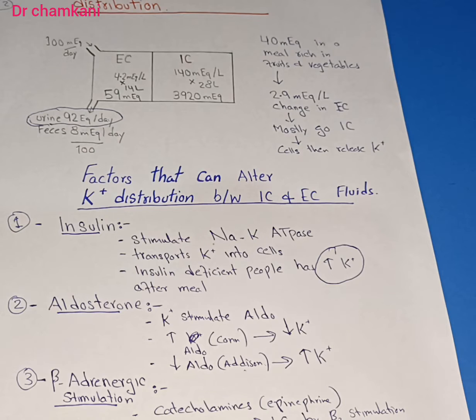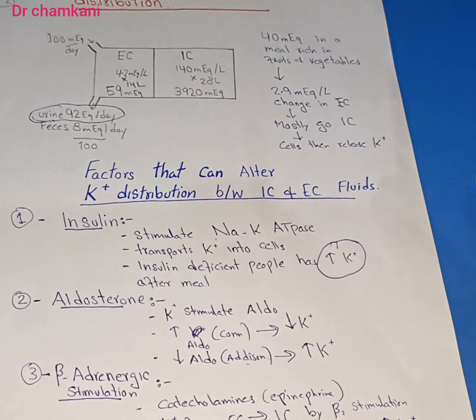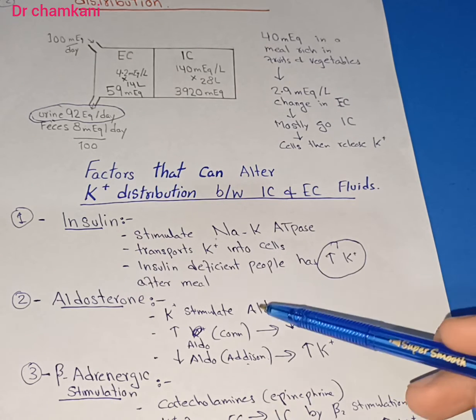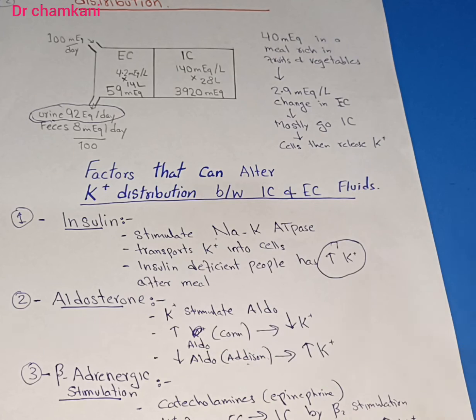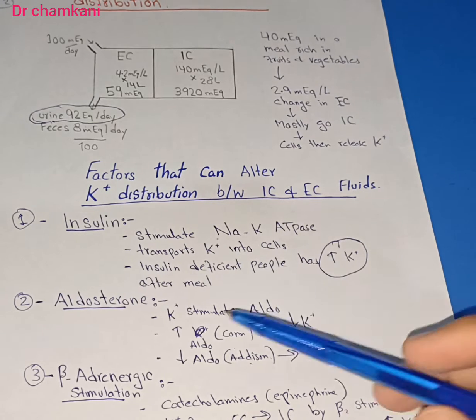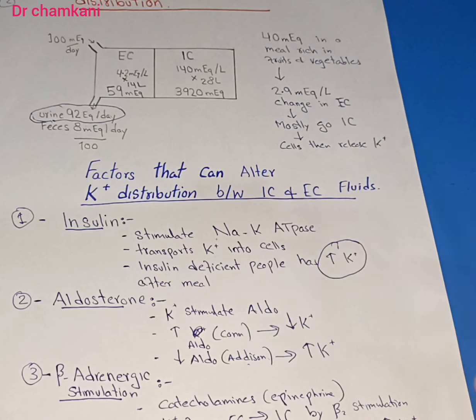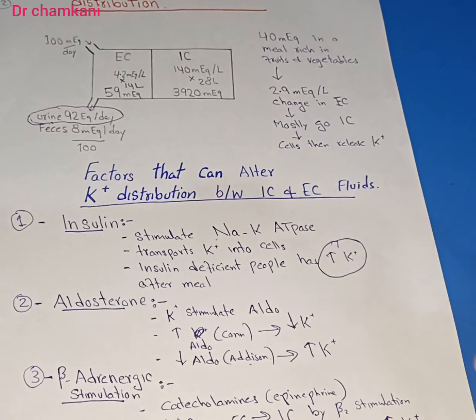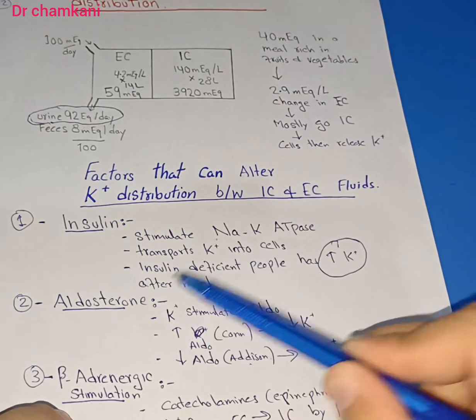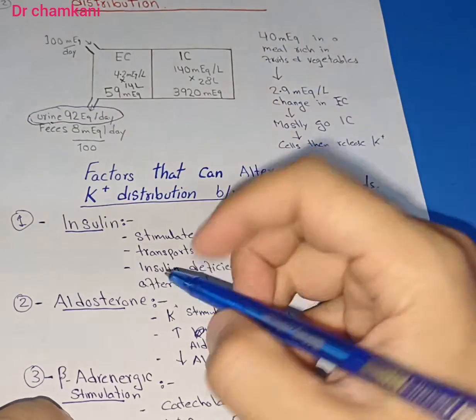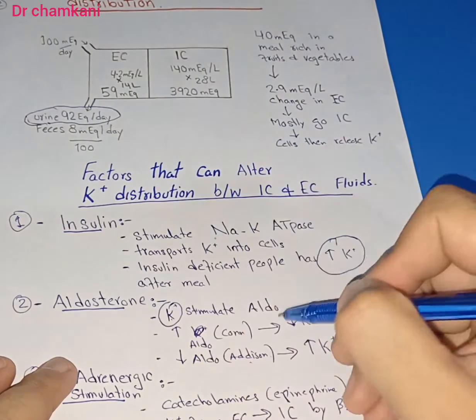So the relationship between aldosterone and potassium is sort of reverse. Aldosterone will decrease potassium, and if there is high aldosterone in the body, as in Conn syndrome, there will be decreased potassium in the blood, hypokalemia. And in Addison's disease, where aldosterone is decreased, there will be a high potassium level, or hyperkalemia. But the release of aldosterone is somewhat dependent upon potassium as well, because potassium can stimulate the release of aldosterone.